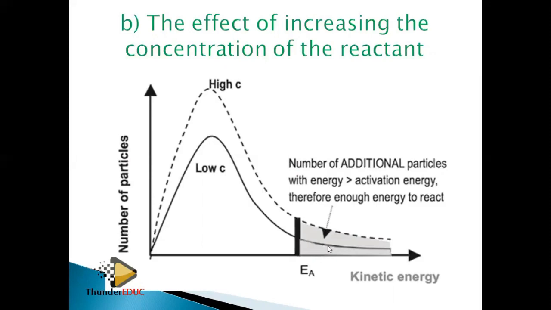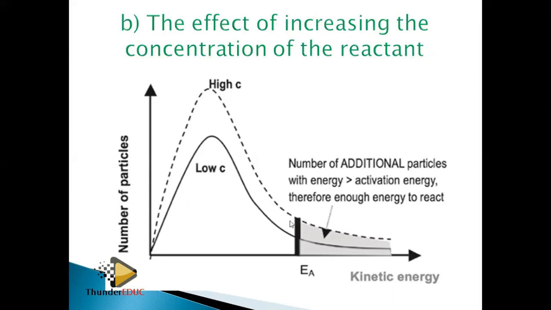If you draw a line here, you find out that at a low concentration, the particles which have more kinetic energy compared to activation energy are fewer. But if you look at this, you'll find out that the particles which have kinetic energy here are more.